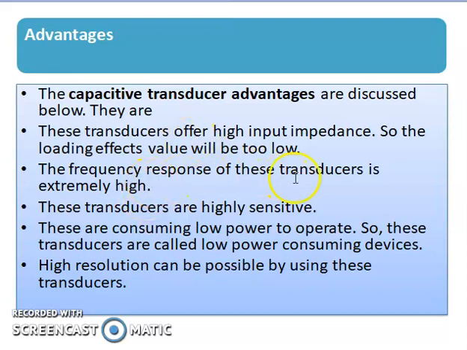And the frequency response of the transducer is extremely high. These transducers are highly sensitive and consume low power to operate, so they are called low power consuming devices, and high resolution is possible by using this transducer.